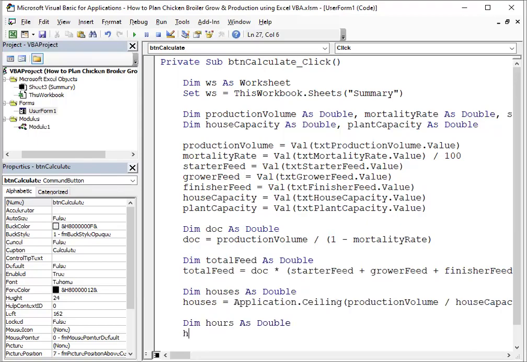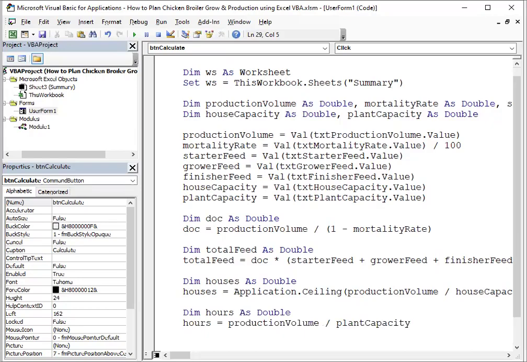Hours equals production volume slash plant capacity.